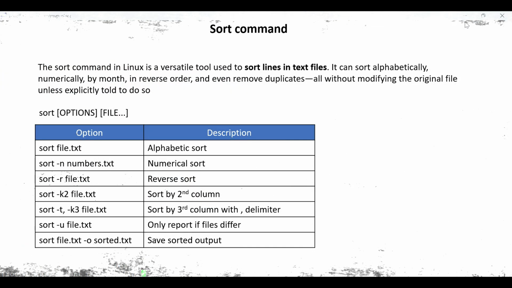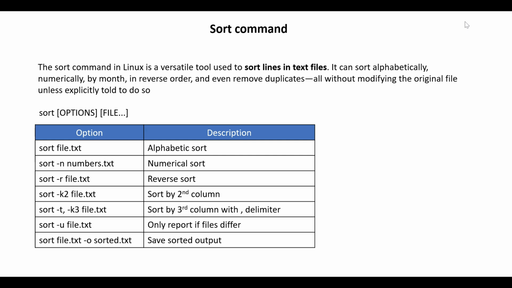Okay, the next command we are going to discuss is sort. Sort is different from the two commands which we just discussed. Basically we could sort the contents in alphabetic or numbers, like that, correct? So all these things we could do by using this sort command.